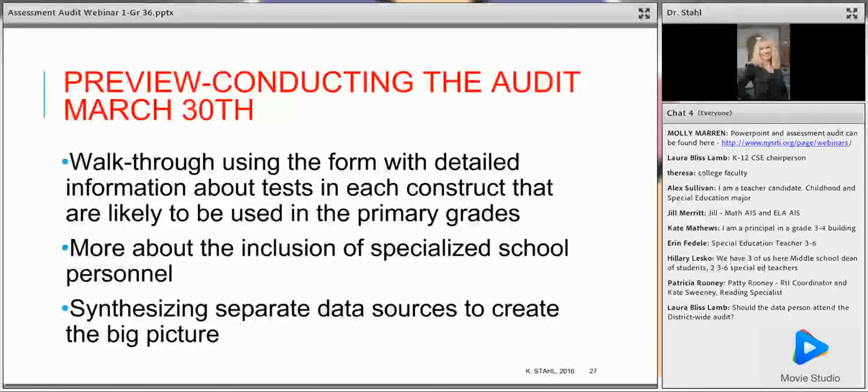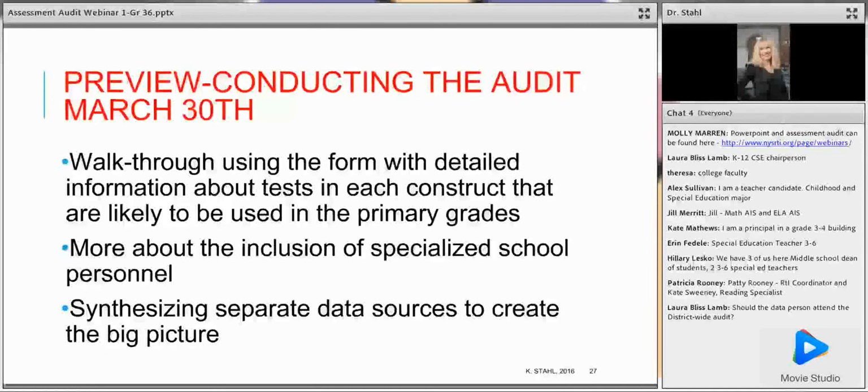I'm sorry, that should have been secondary grades, or intermediate grades, that are likely to be used in those intermediate grades. I did this presentation with the primary grades, and when we did presentation 2 with primary grades, I talked explicitly about tests that fit into each of those constructs, and then we actually did hands-on examples of the tests and talked about how they fit in.